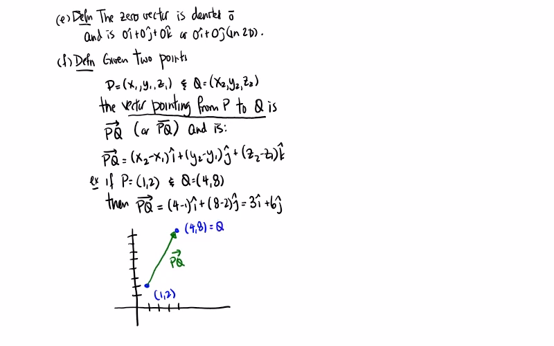That's our Q. That's our P. And just a little note here that PQ is not the same as QP. In fact, you can probably see now that QP is the negative of PQ because you're turning everything around, so you're negating everything. But like I said, this vector will arise a lot, the vector going from one point to another point.